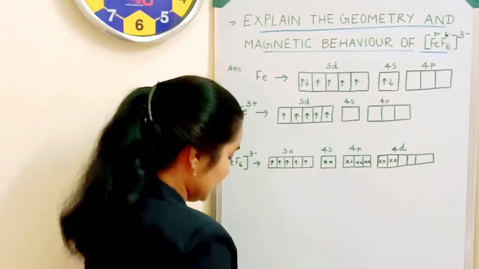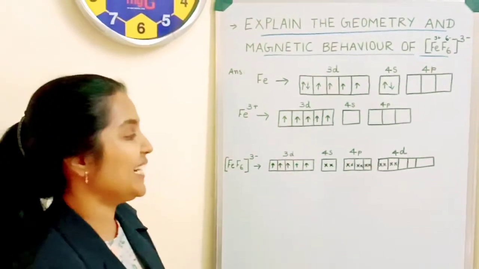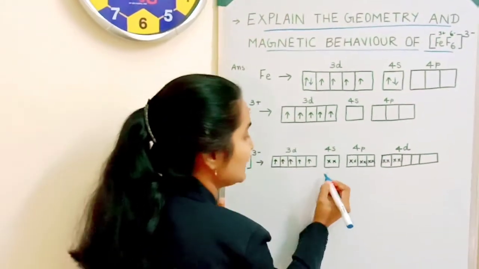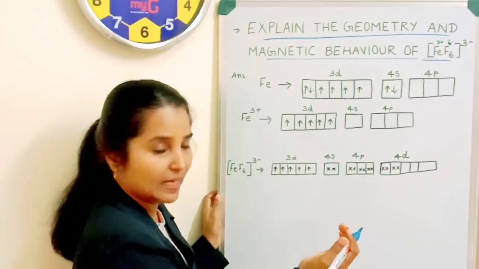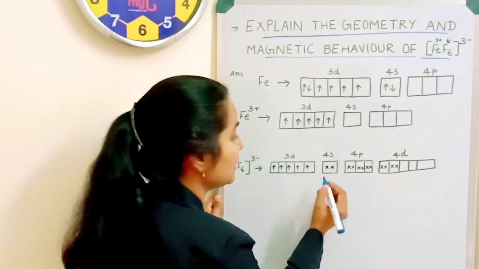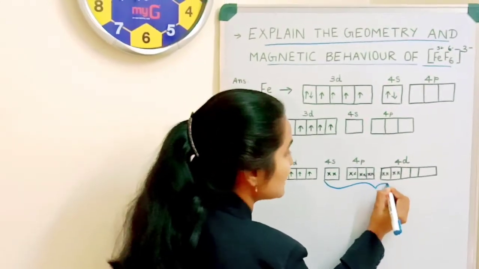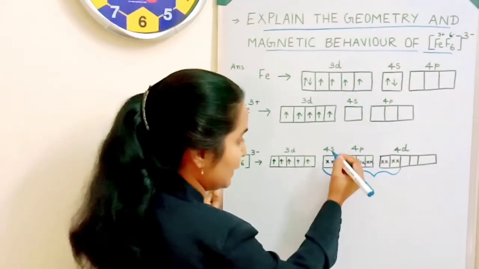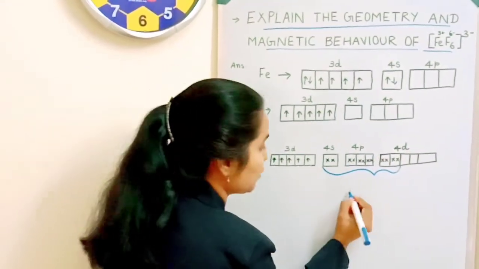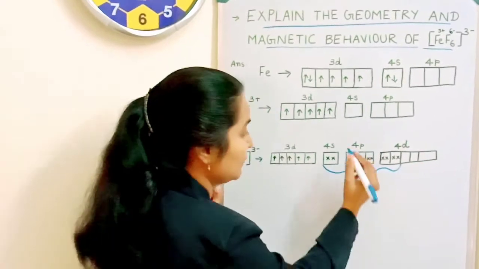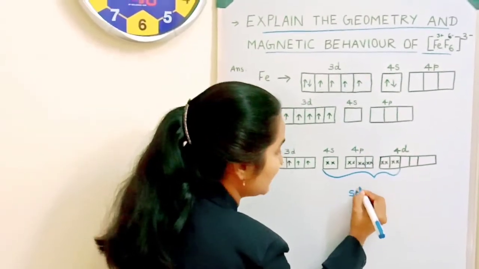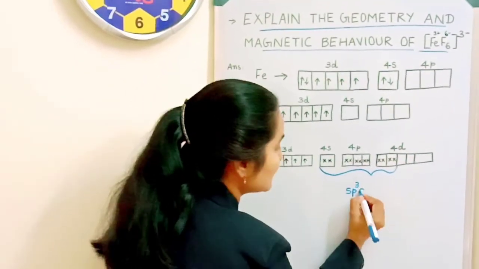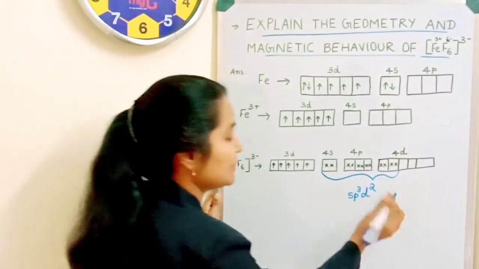So by knowing this we can predict its geometry. That is the first question: explain the geometry. So hybridization has happened. Hybrid orbitals are formed by using these orbitals of the central metal ion. This hybridization takes place by 1 s orbital, 3 p orbitals, sp3, 1, 2, 3, and 2 d orbitals of the central ion.